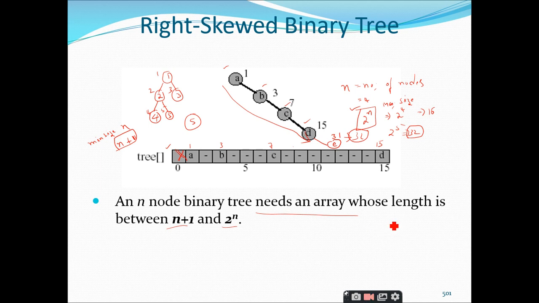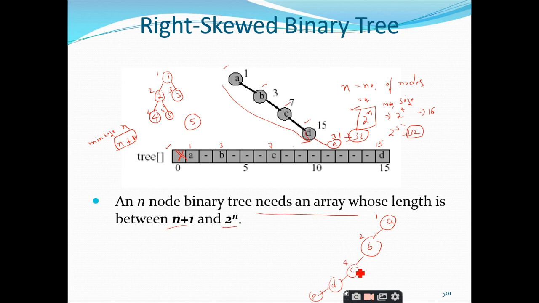But if you consider the left skewed binary tree, let me draw this. What is the root node number? 1. What is the node number for B? It is 2. What is the left child of 2?